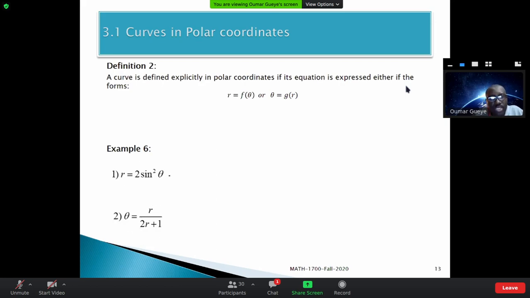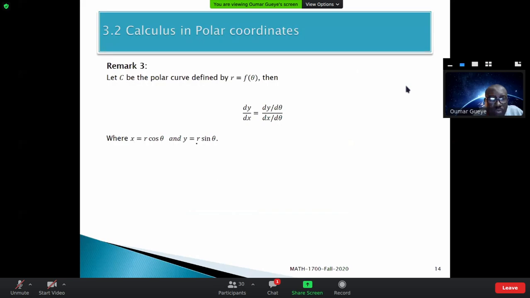But as I said, we'll see this notation. Before doing so, I just want to show you how to find the derivative of y with respect to x.